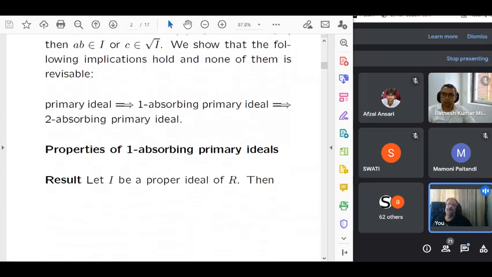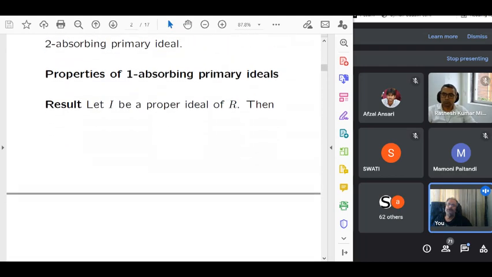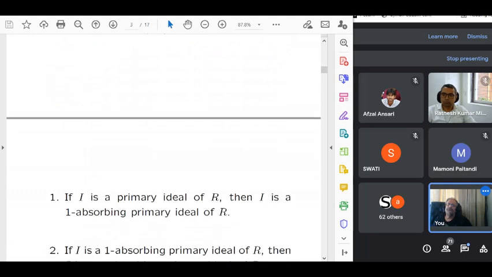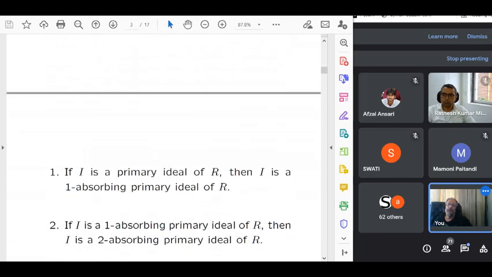So let's study some properties of one absorbing primary ideals. If I is primary, we recall what primary means: whenever you have xy in I, then x in I or y in the radical of I. Of course, x and y you choose from the ring R. Okay?